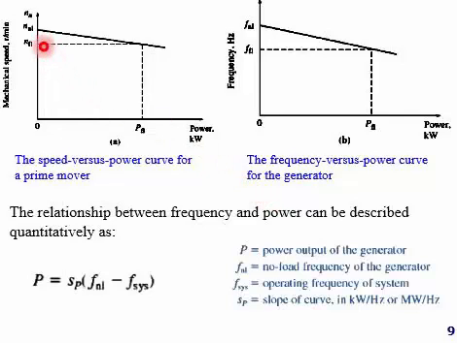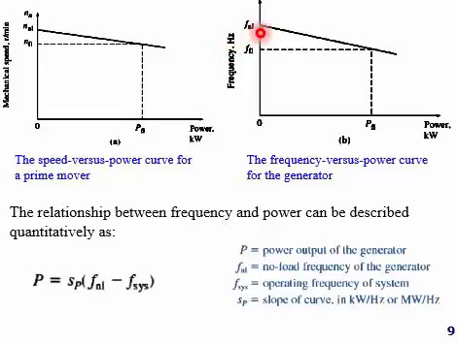In both cases it can be seen that at no load the speed is higher, but at full load the speed is slightly less. So as the load is connected, the speed starts decreasing.